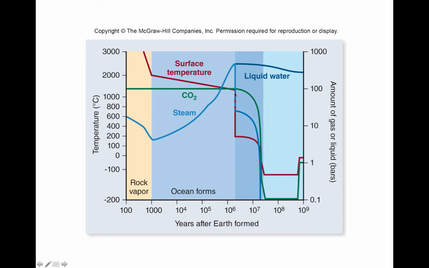Along with that, we see a dramatic decrease in the amount of atmospheric carbon dioxide. This is falling very precipitously. And as the level of carbon dioxide begins to fall, the surface temperature falls even further, until eventually the surface temperature stabilizes, the amount of atmospheric carbon dioxide stabilizes, and we have stable liquid oceans.